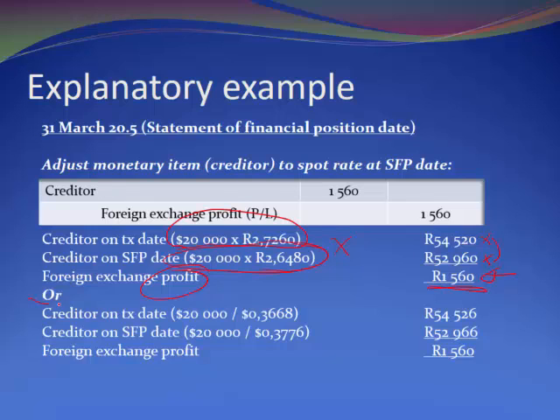But when you do this format, you must calculate the answer in full. In this case again, 20,000 divided by 0,3668 gives us that figure there, and then on year end 20,000 divided by 0,3776, and we have that figure there. We get to more or less the same answer at that stage.